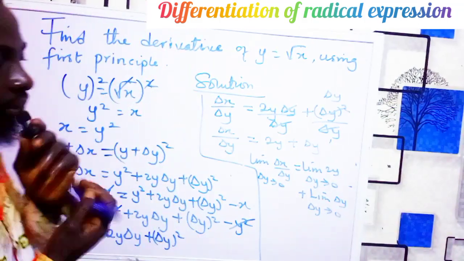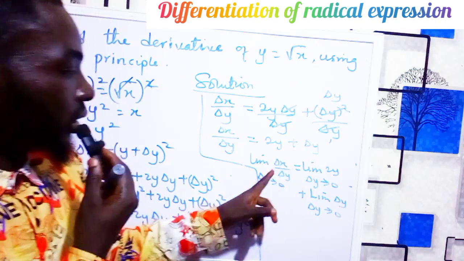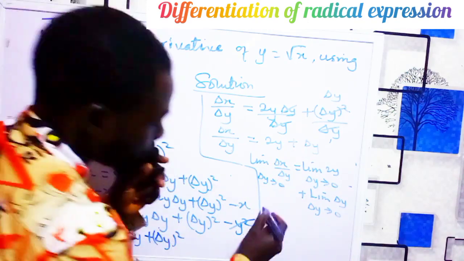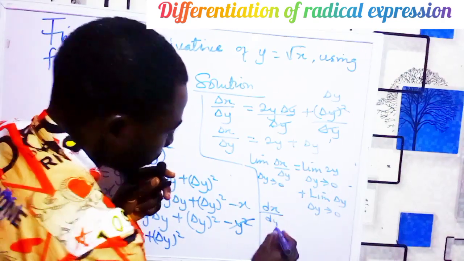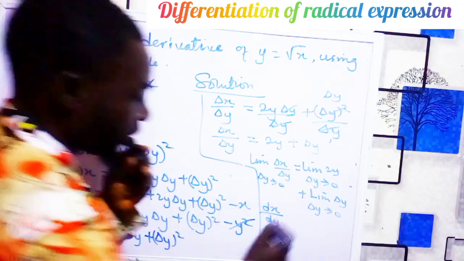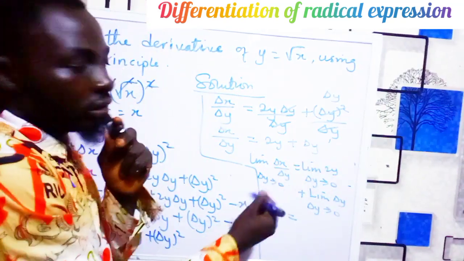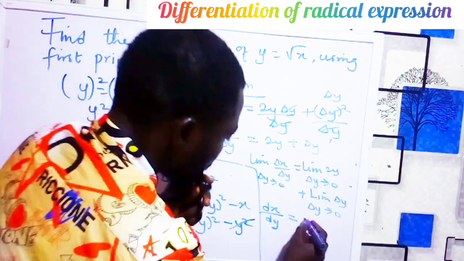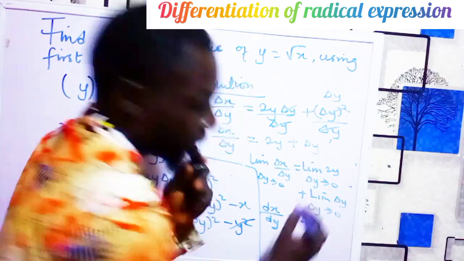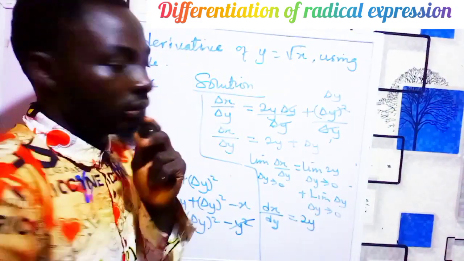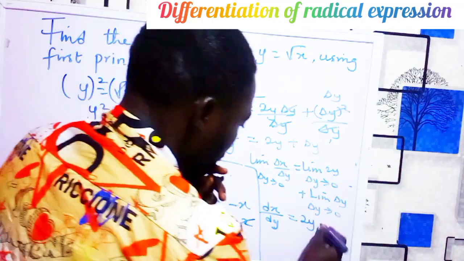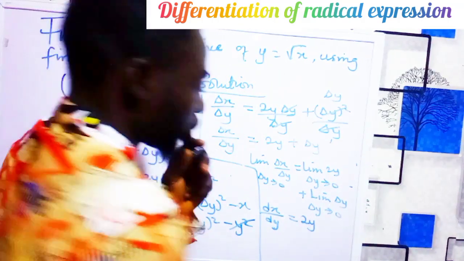So if you take the limit of delta x divided by delta y as delta y tends to 0, you are going to have dx/dy, because x is up, y is down. dx/dy equals, if you take the limit of 2y as delta y tends to 0, there is no delta y here, so this is going to be 2y back. Then if you take the limit of delta y as delta y tends to 0, you replace delta y with 0, that is 0. So the answer is 0 plus 2y, and that's 2y.